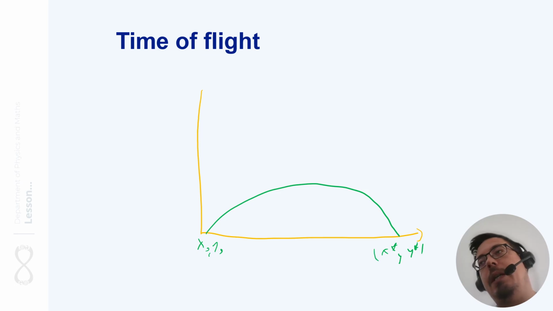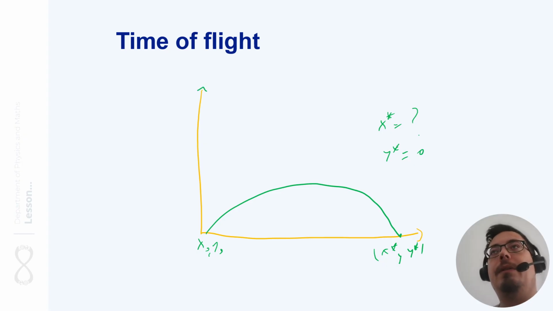This point here, x star, we will find in another video. It's a question for an exercise, but y star is definitely 0 because that is when the projectile hits the ground again.